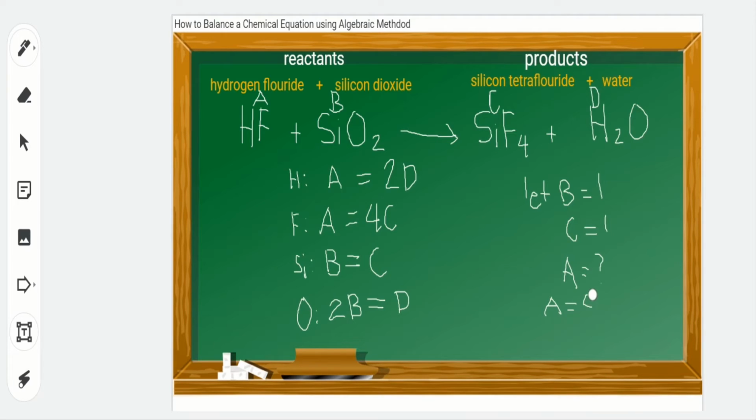Remember, 4. Tapos si C is equal to 1. So, i-replace natin dito. Imbis na C, lagay natin yung value. So, 4 times 1, the value of our A is simply 4. So, alam na natin yung initial value ni A, which is 4. Ang problema na natin ngayon ay si D naman. So, let's find D.